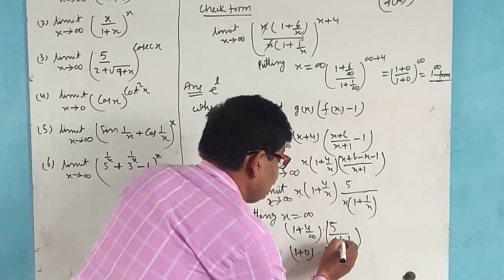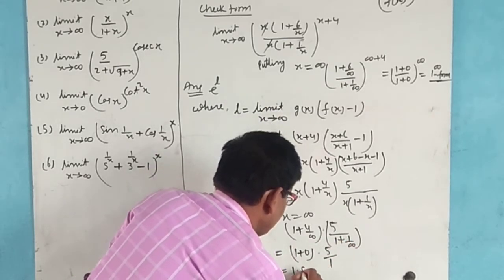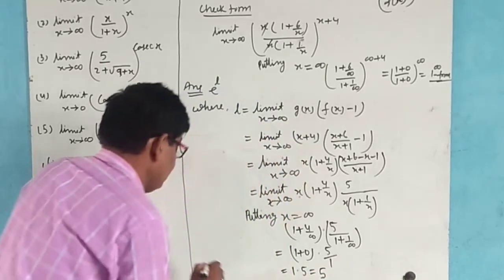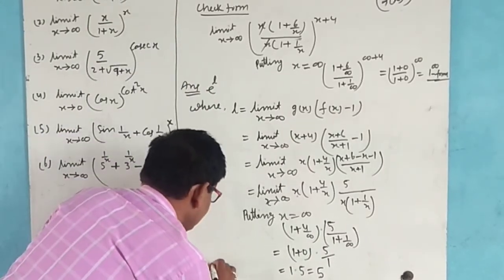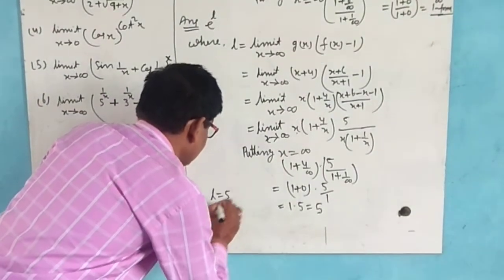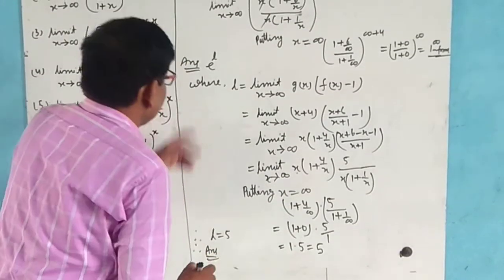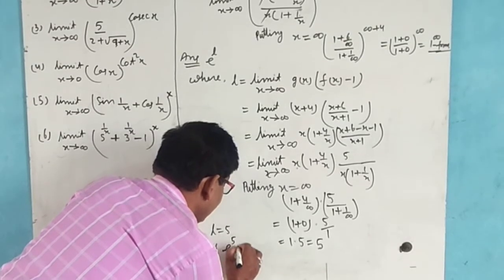So 1 into 5 equals 5. So L equals 5. Therefore, the answer will be e to the power L, e to the power 5.